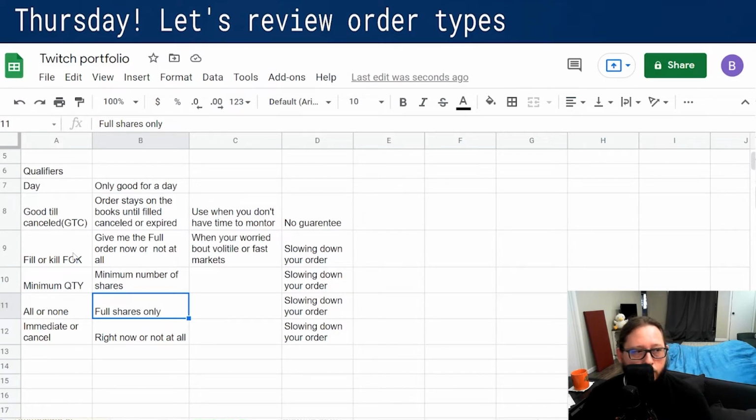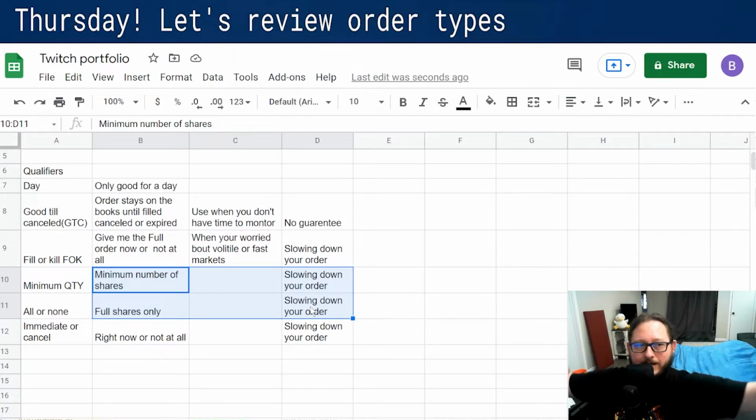Something to keep in mind with minimum quantity and all or none. If the order book shows that there are 1,000 shares available for your 1,000 share order, but they're on two separate exchanges, you also run the risk of not getting a fill.